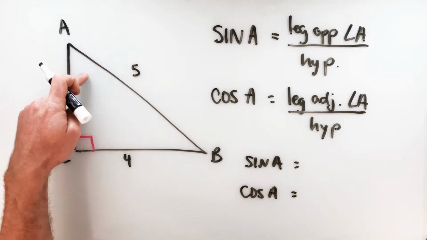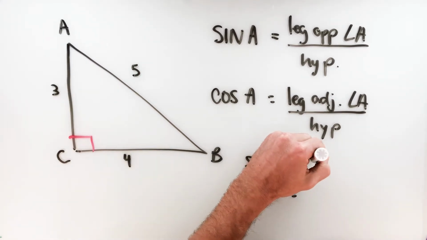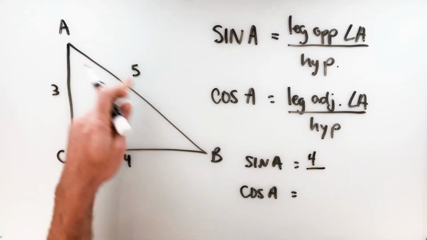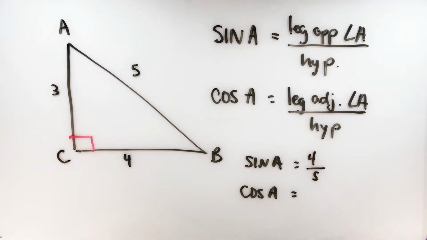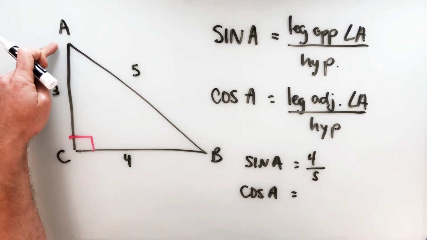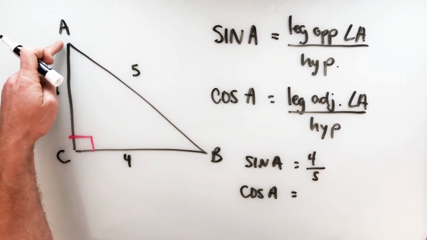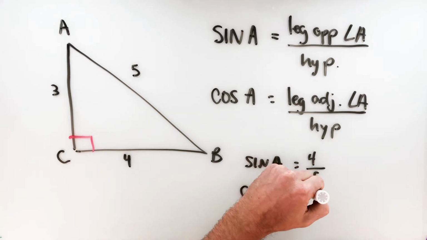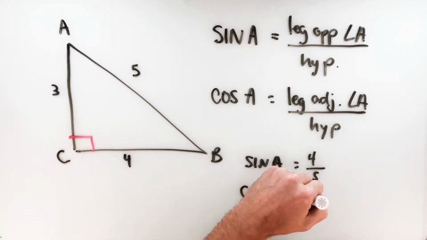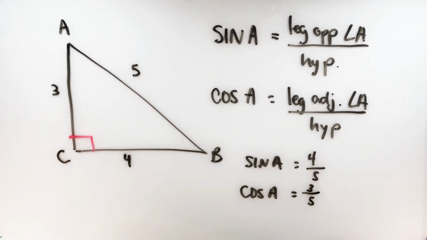So here's A, opposite leg would be 4 over the length of the hypotenuse, longest side, which is 5. Okay, so the sine ratio for angle A is 4 over 5. The cosine ratio for A, cosine being adjacent over hypotenuse, adjacent to A would be 3, over the hypotenuse, which is again 5, 3/5 for cosine ratio of A.